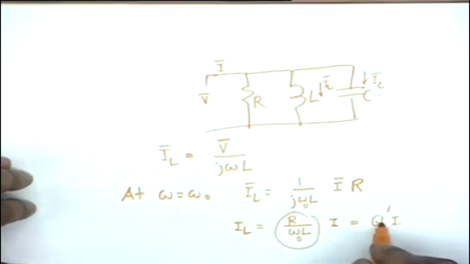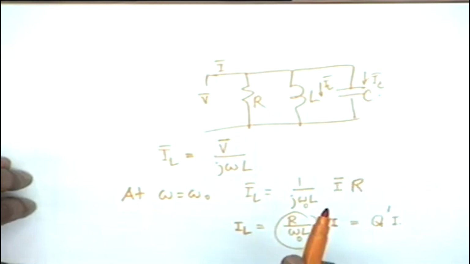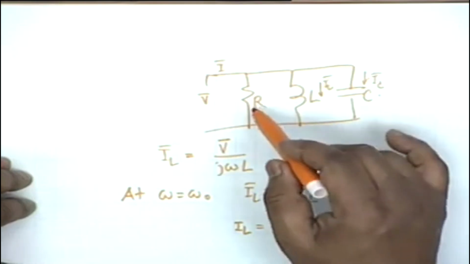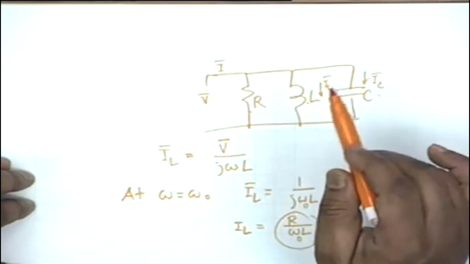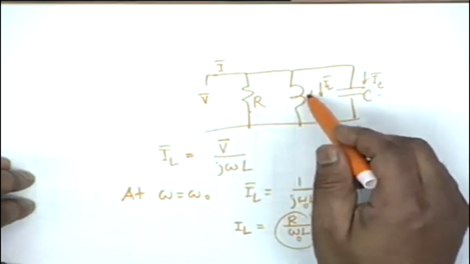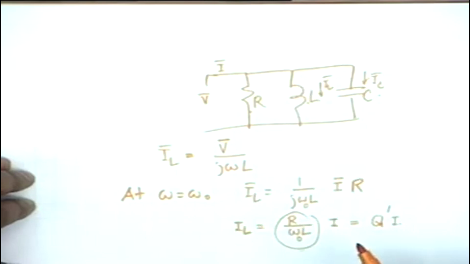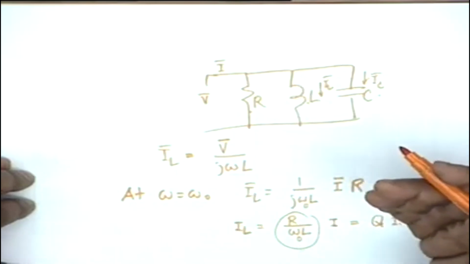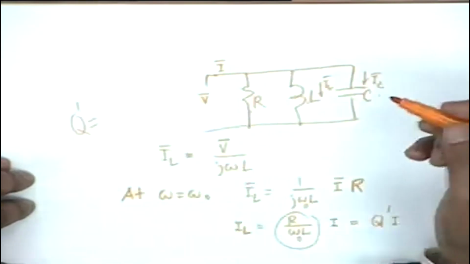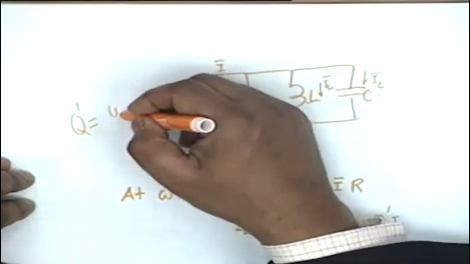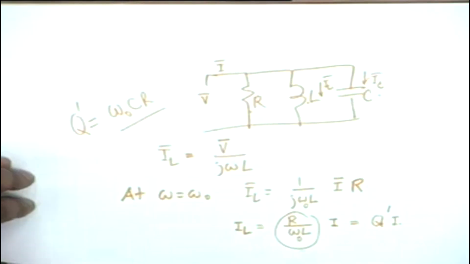However, this Q prime is not the same as the Q defined for series resonance. The two Qs are different, and the difference comes because the resistance here is in parallel with the inductor, whereas in the earlier case the resistance was in series with the inductor. For a parallel combination like this, Q is resistance divided by reactance. In a similar manner, one could show that Q prime is omega naught C R, resistance divided by reactance, all right.